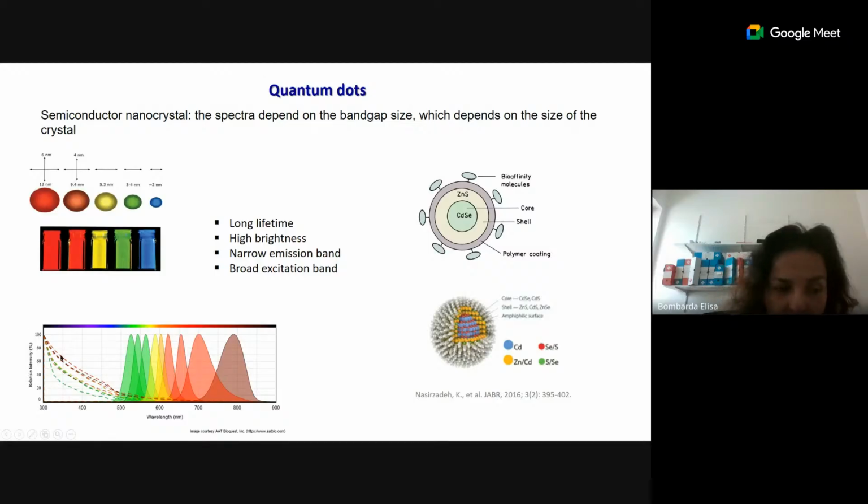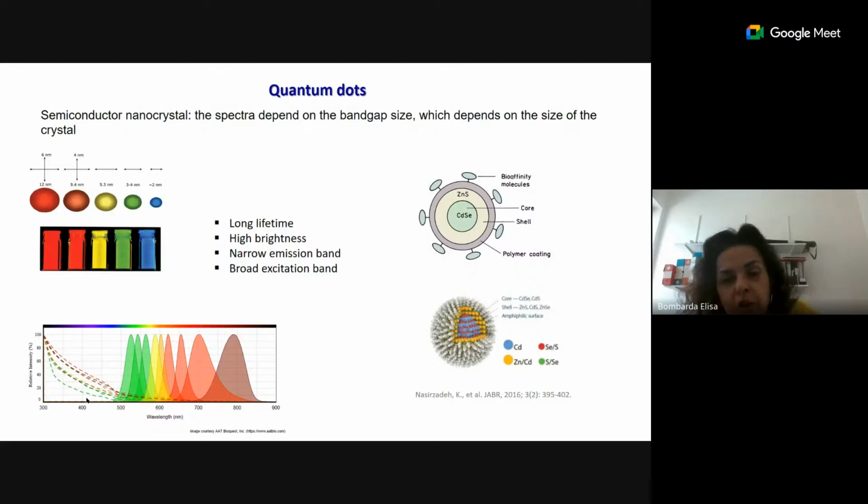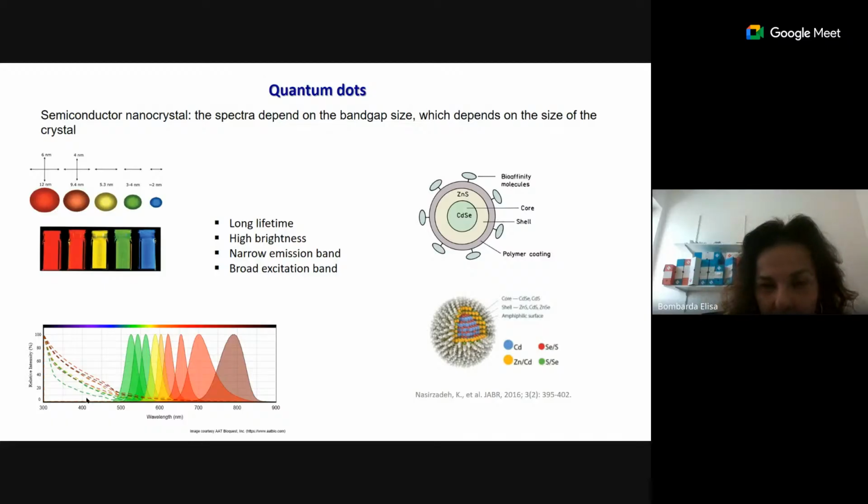So it means that you can excite them with different wavelengths, which can be an advantage and sometimes also not, because maybe you cannot be selective, and so it depends on what you want to do. So it's important to know the characteristics of your probe, because then you choose the one that is appropriate to your system. Is that clear?